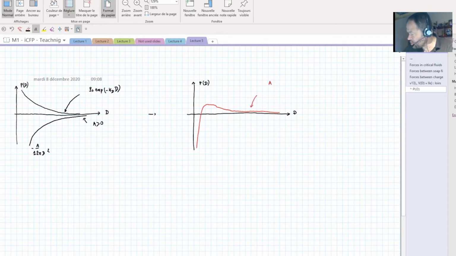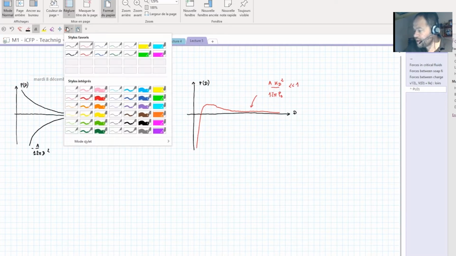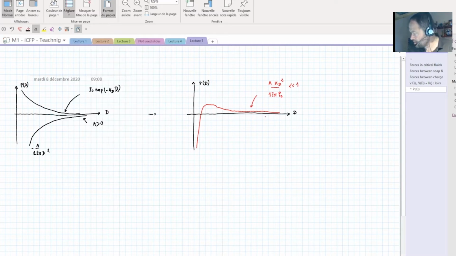But here I have shown something that will occur in case of small Hamaker constant, so A kappa D square divided by 12 pi P naught smaller than 1. Or you can have a situation, in the other case, where you will have no maximum, no extremum, and the curve will be like that if A kappa D square divided by 12 pi P naught is larger than what?